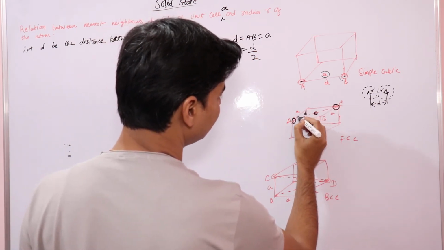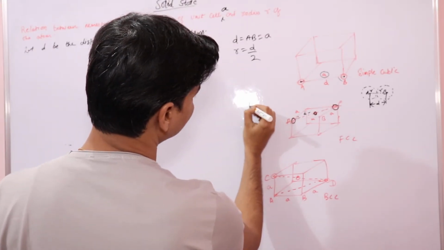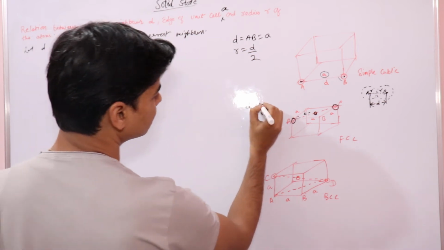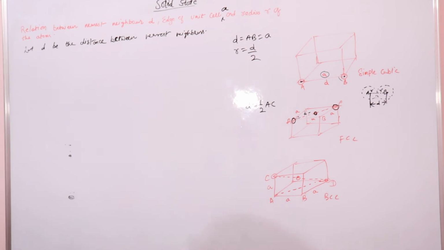And you can see this D is half of this AC. So D, the distance between nearest neighbors, is half of AC. This is the one relation that we got.